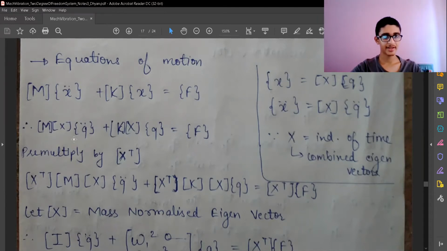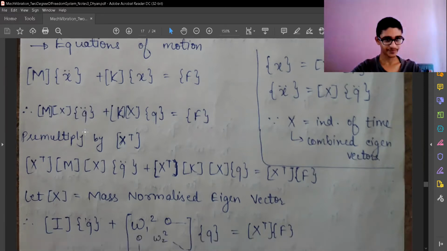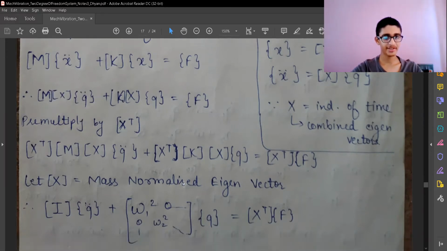So we have taken x as Xq and x double dot as X times q double dot. Here q represents the new coordinate system, and X is the combination of mass normalized eigenvectors.